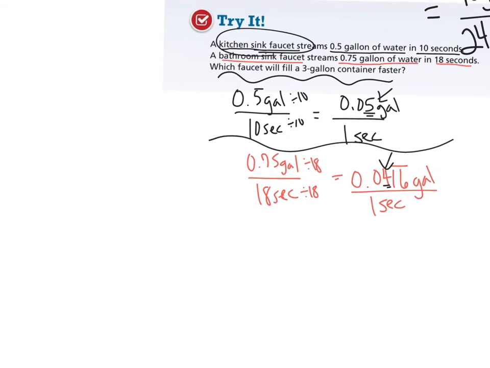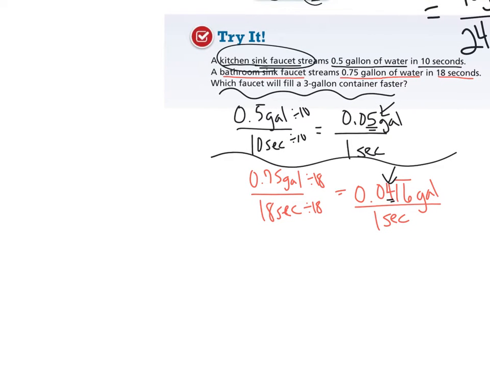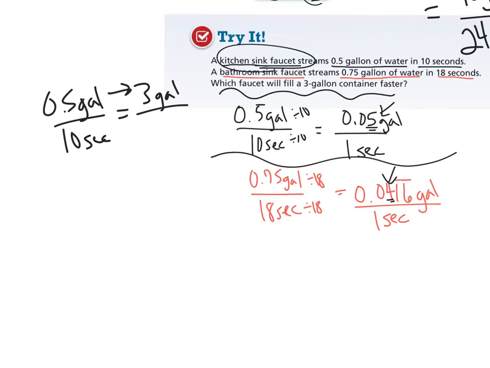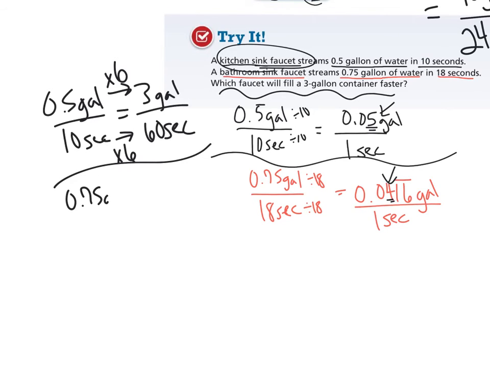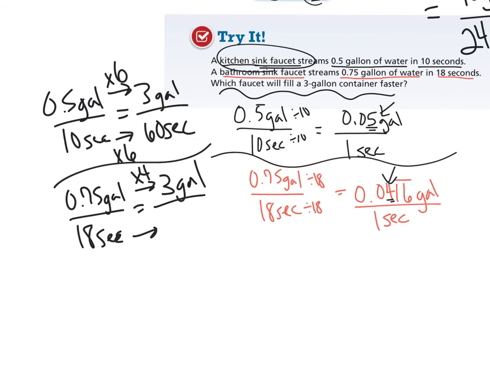Okay. And again, technically, if we wanted to figure this out for 3 gallons, we could do that. Half a gallon in 10 seconds. To get to 3 gallons, that would be 6 times as much. So that'd be 60 seconds. And the other one, 0.75, to get to 3, 2 of those would be 1.5, so we need 4 of those to get to 3.